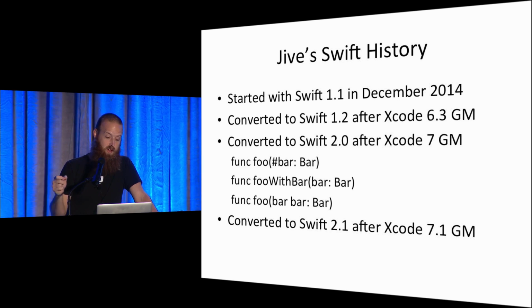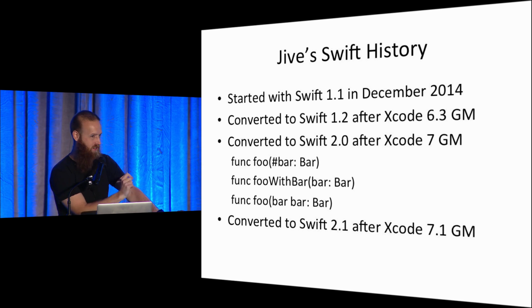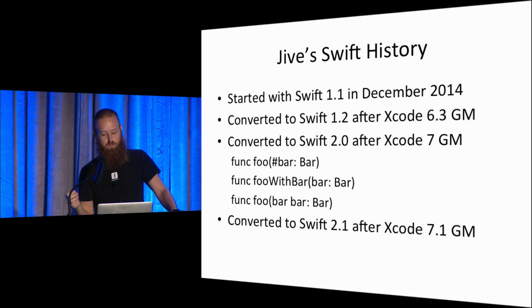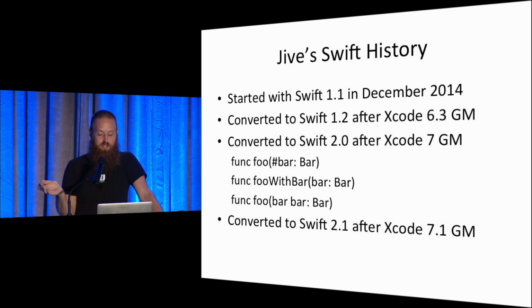And also it was less typing. As you can see up there, foo pound bar or foo hash bar is a lot less than foo with bar or foo bar bar. So it was a lot nicer in a lot of ways, but it was kind of a gamble and it didn't pay off. I think largely, as long as you are following Apple's guidelines for how to name things, they aren't out there to try to screw us over.